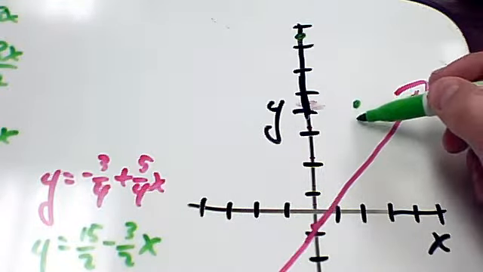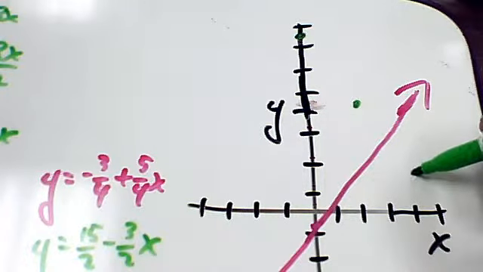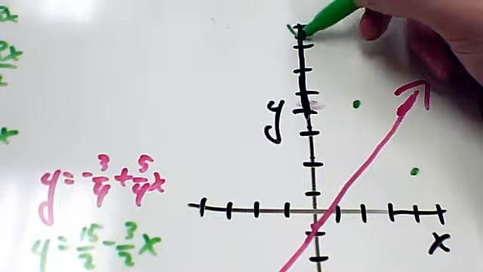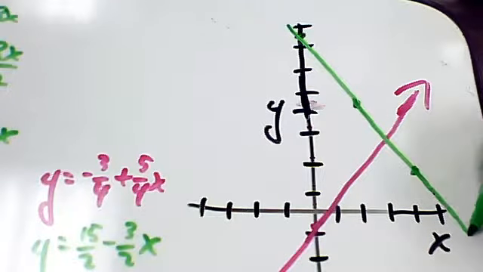Keep doing this. 1, 2, 3, and over 2. Should be about right there. If you keep doing that, you should end up getting a line that looks somewhat like this.